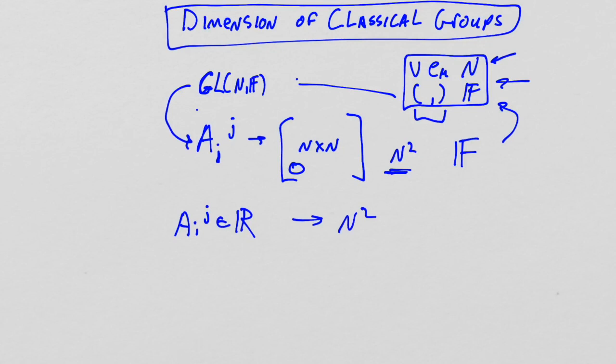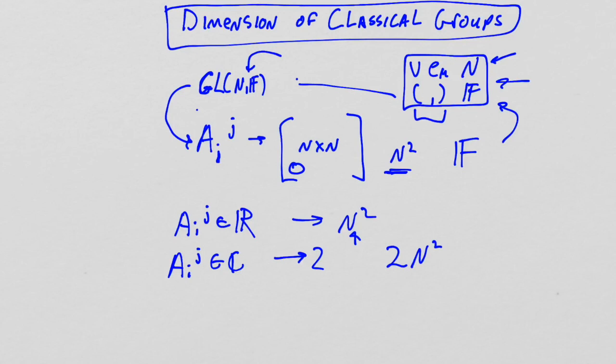But what if F is the complex numbers? What if A^i_j is from the complex numbers, meaning our choice of F is the complex numbers? Well, the complex numbers themselves have a dimensionality of 2, and if I can pick n squared of them, now I have 2n squared independent choices I can make for an invertible matrix that could represent a type of basis transformation of this vector space. So I have 2n squared.